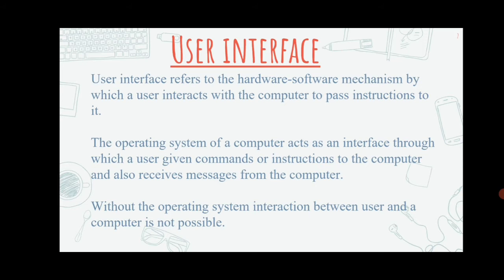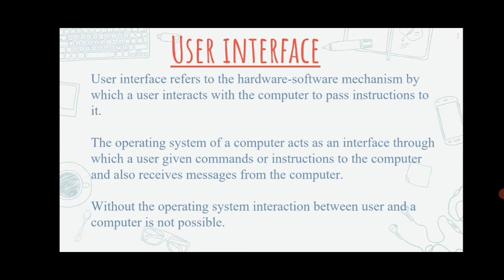The operating system of a computer acts as an interface through which a user gives commands or instructions to the computer and also receives messages from the computer. Without the operating system, interaction between user and a computer is not possible.